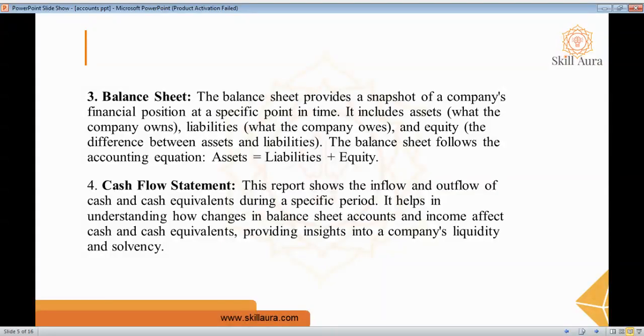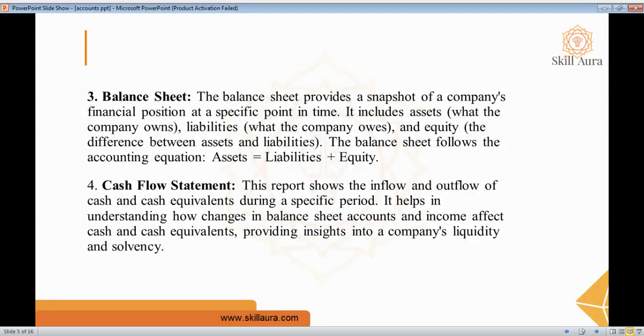So, in this cash flow statement, there are three important things you have to understand, that is operating activity, investing activity, and financial activity. The operating activity shows the cash flow from the company's core operation, investing activity shows the cash flow from the company's investment and diversification, and the financial activity shows the cash flow from a company financial activity such as loan and dividend.